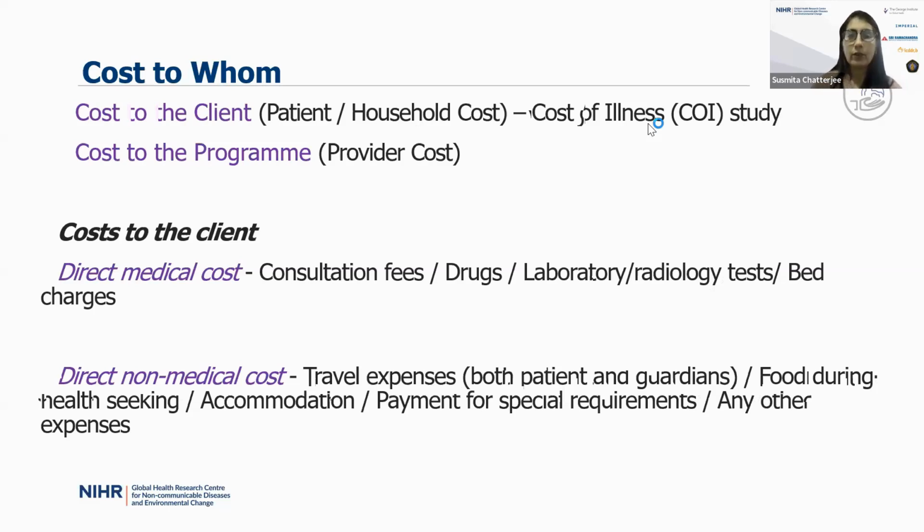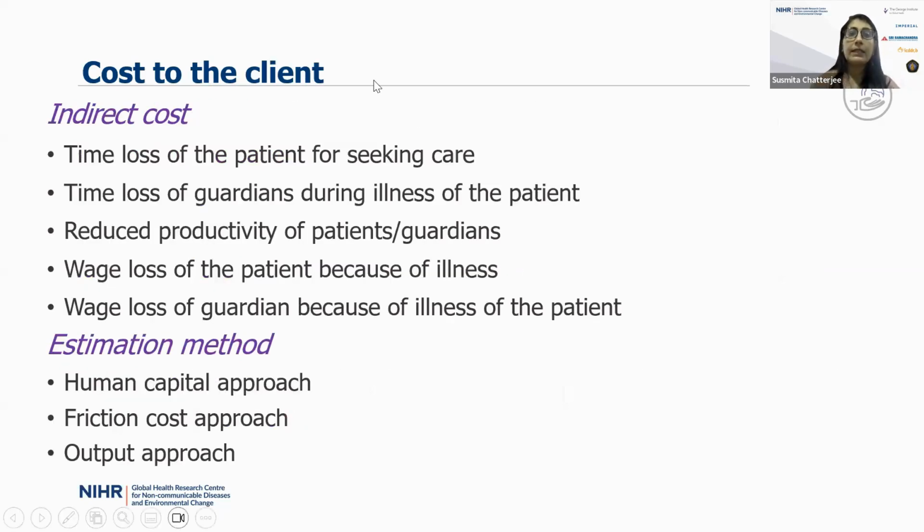So these are the direct costs. And then you will have the indirect cost. These are the time loss of the patient and the time loss of the guardians. Guardian means anyone who is helping the person during the illness. It could be friends, neighbors, anyone. If the person is losing time or there is wage loss, you need to consider those in the indirect cost.